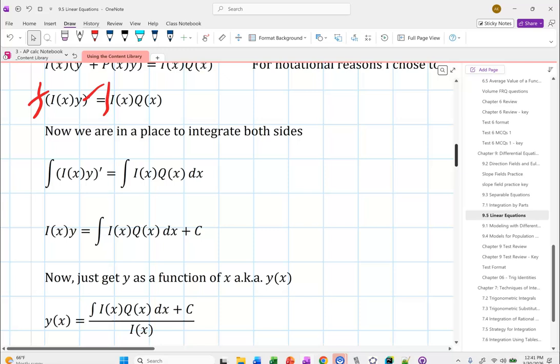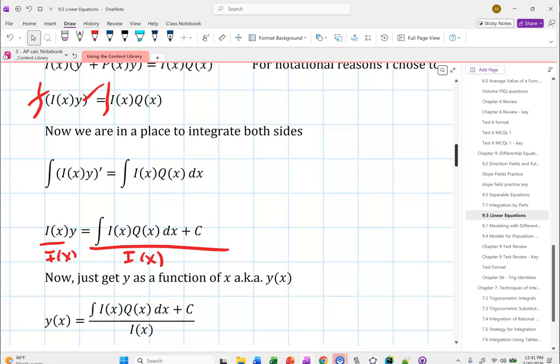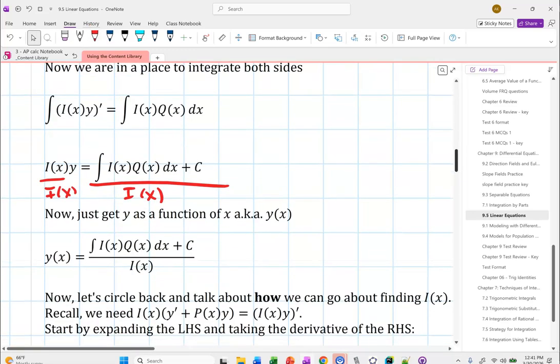And then I can just divide both sides by I of x. And that's going to allow us to solve our differential equation. We'll go through and do specifics here in a minute, but I just wanted to show you that as long as we can find that integrating factor, we should be able to solve every single time.